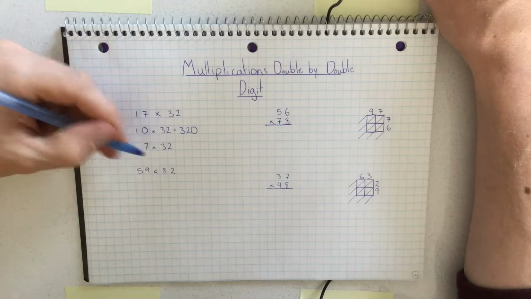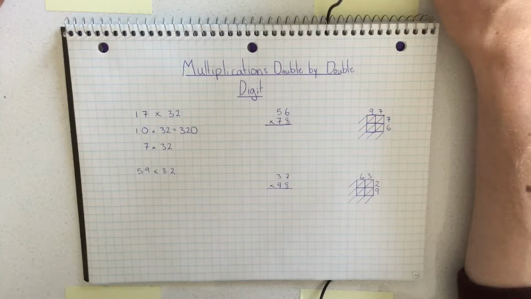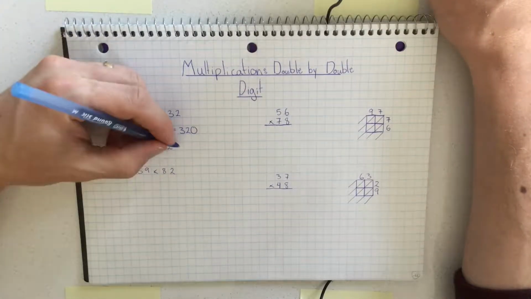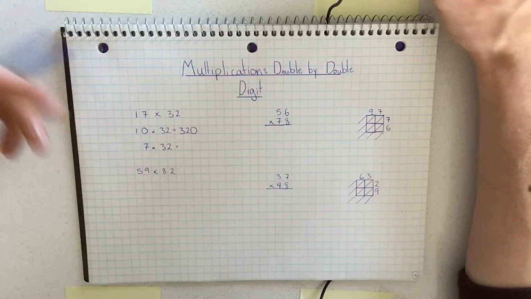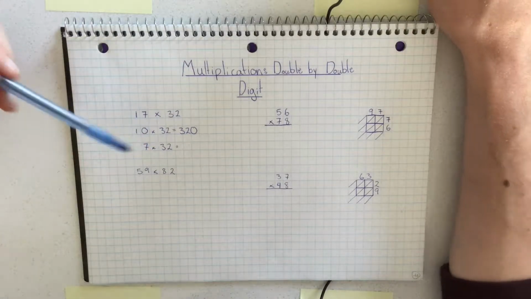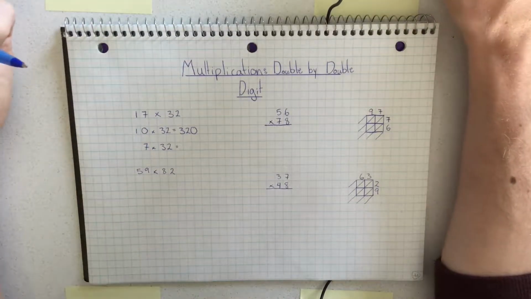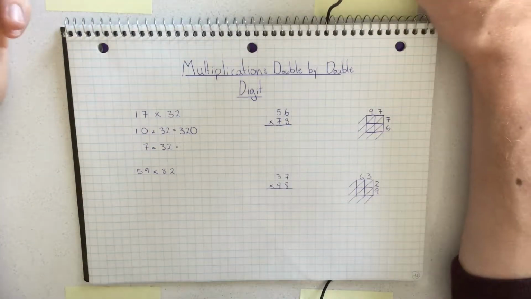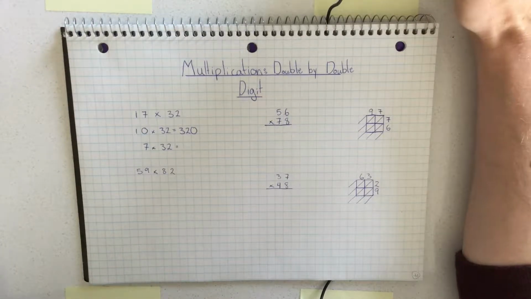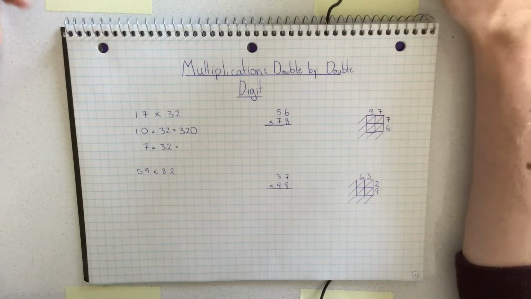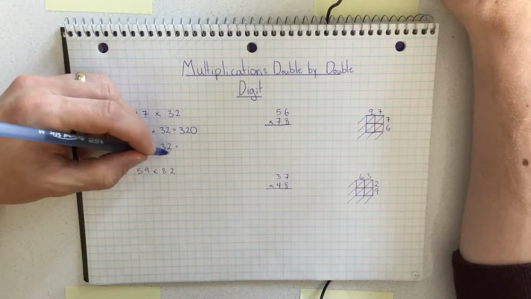Now this second problem, you might find a little bit harder. Instead of counting 7 groups of 32 or 32 groups of 7, in which the potential for me making an error increases, I'm actually going to break 32 apart.